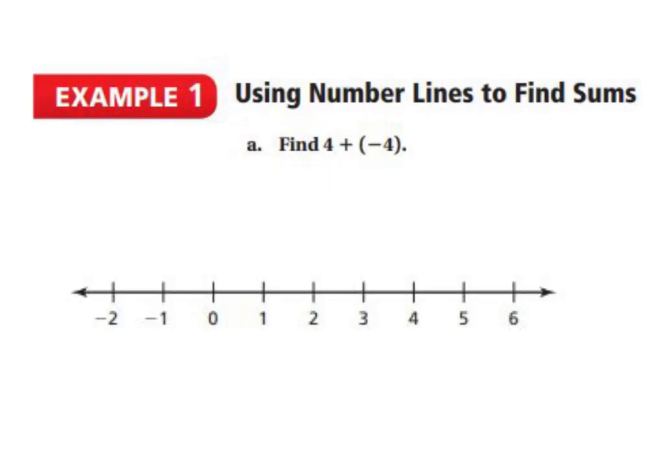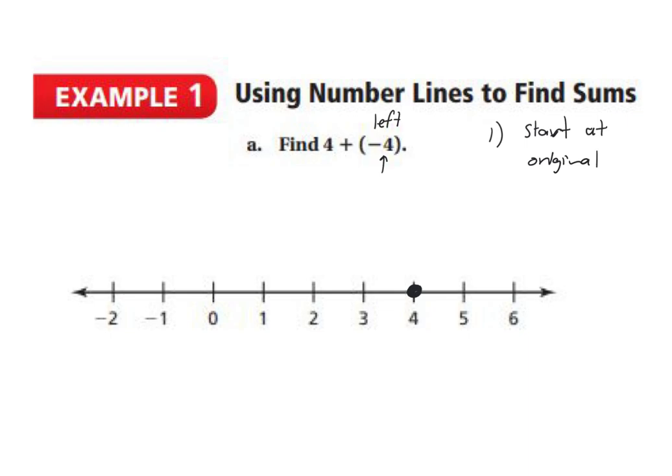So let's take a look. If you remember our steps, step 1, right? Start at original. Okay, my original number in this case is 4. So I'm actually going to start right here, just like that. Step 2 says move left or right based on the number of jumps of the second number. Well, my second number is -4, and I see negative, so I'm going to think go left.